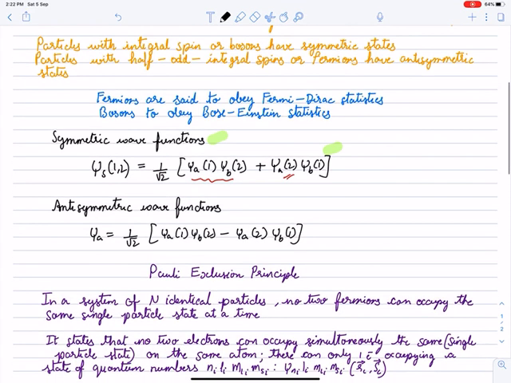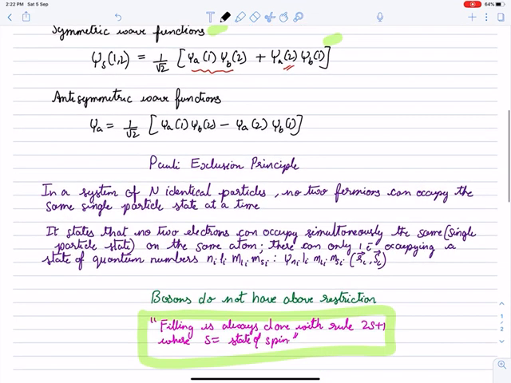Now let's come to the Pauli exclusion principle. Electrons cannot occupy simultaneously the same particle state.